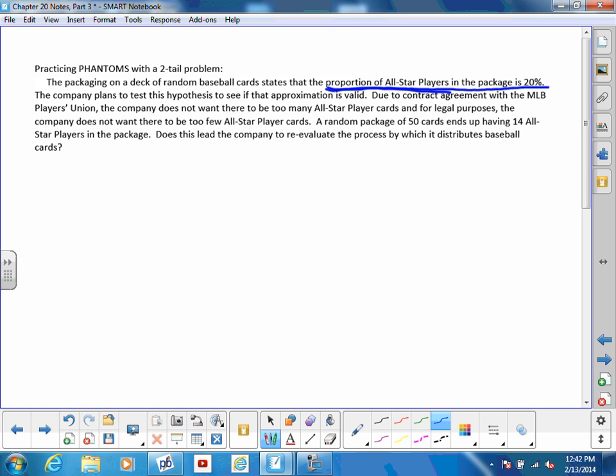So let me write the correction and then we'll compare it. You have to get this. The proportion of the deck of baseball cards that are all-star players is 20%.